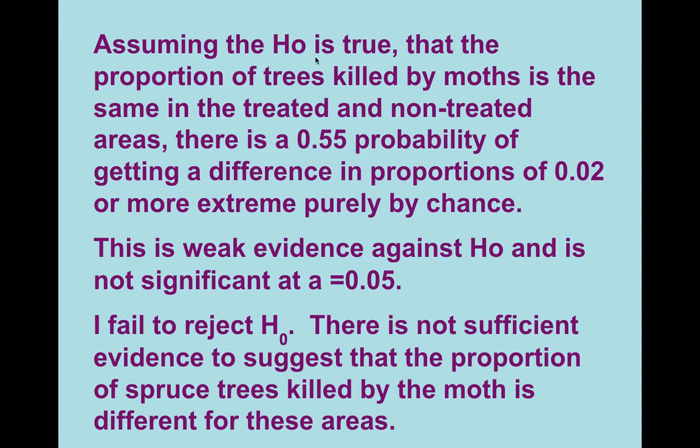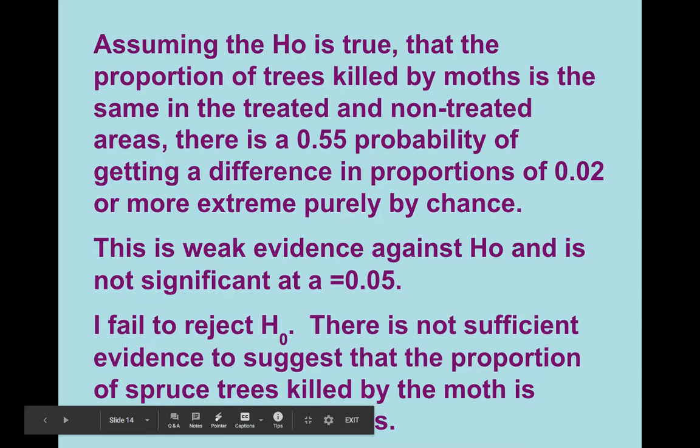So we would say, assuming the null hypothesis is true, that the proportion of trees killed by moths is the same in the treated and the non-treated areas, there is a 0.55 probability of getting a difference in proportions of 0.02 or more extreme purely by chance. This is weak evidence against the null hypothesis and not significant at 0.05. I fail to reject the null. There is not sufficient evidence to suggest that the proportion of spruce trees killed by moths is different.